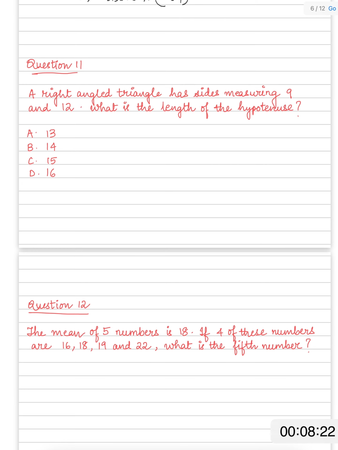Now for question 11. A right angle triangle has sides measuring 9 and 12. We need to find the length of the hypotenuse. So if this is a right angle triangle, 9 and 12 are these lengths. We need to find the hypotenuse. So we use the Pythagoras.